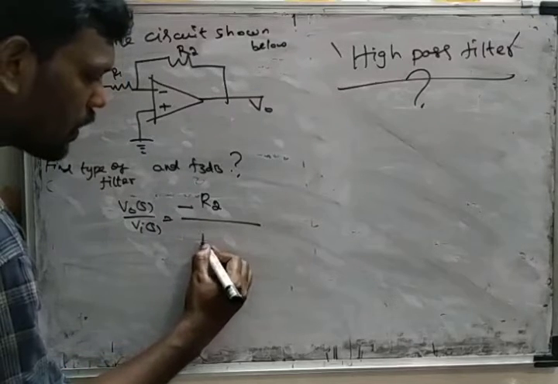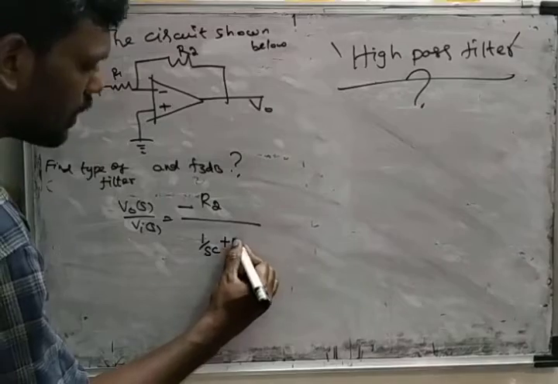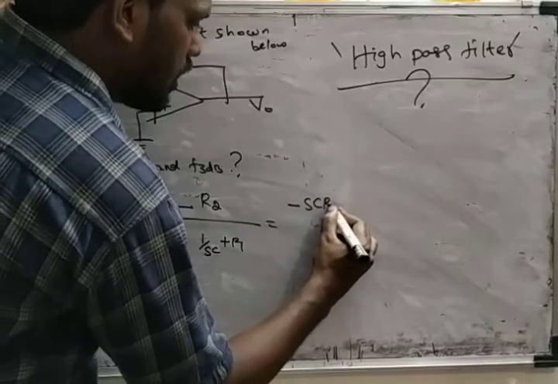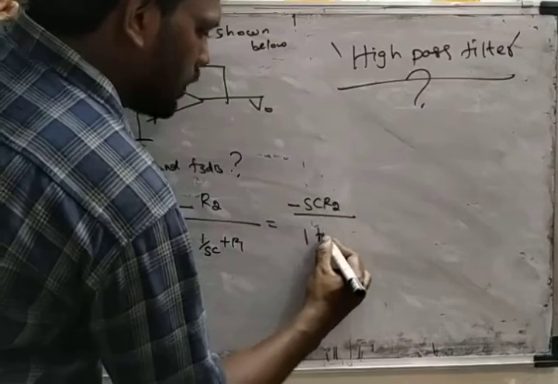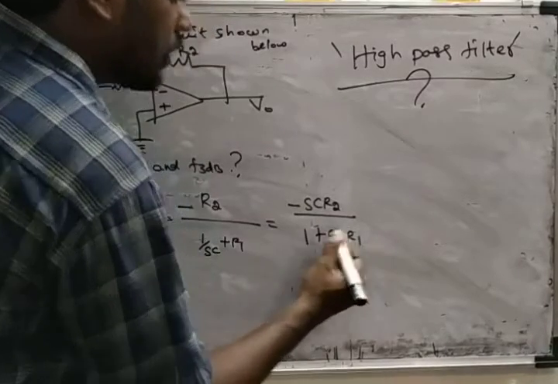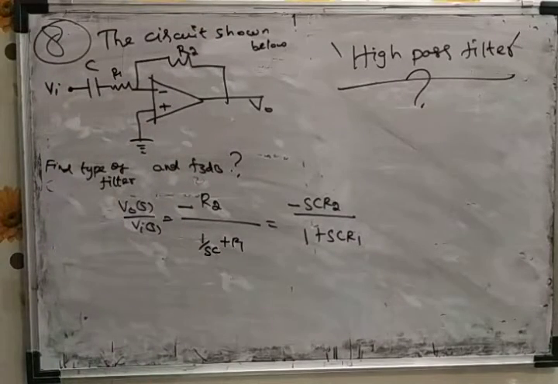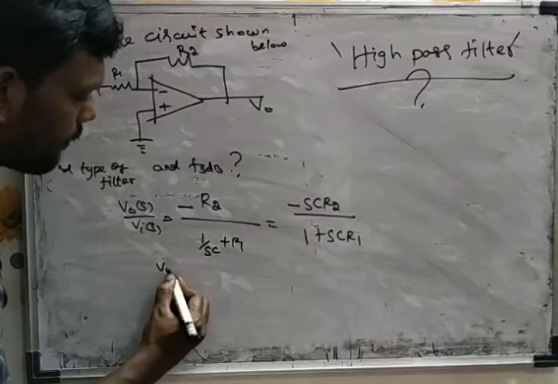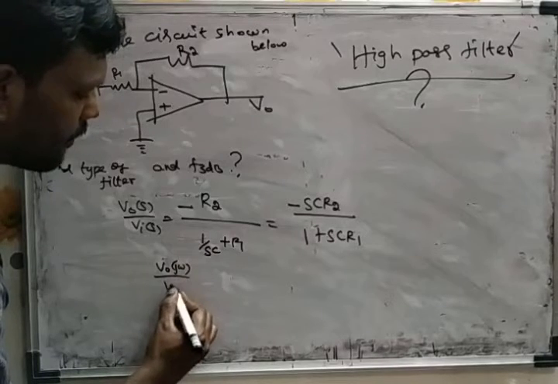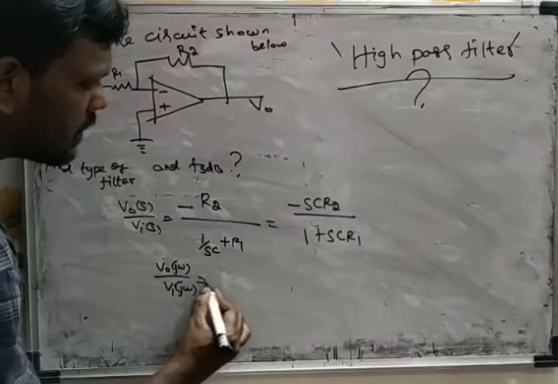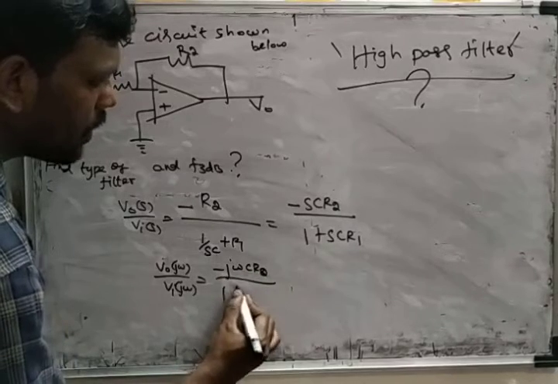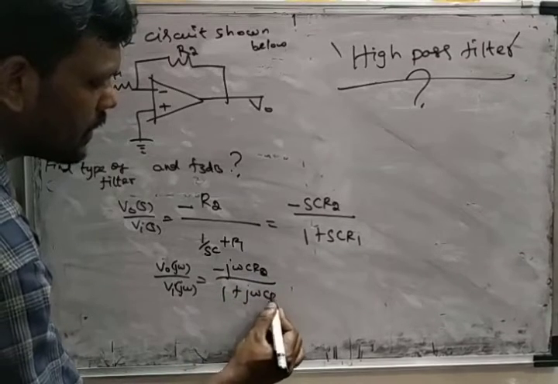If we simplify, minus SC R2 divided by 1 plus SC R1. Put S equal to j omega, and you will get V0 of j omega by Va of j omega equal to minus j omega C R2 divided by 1 plus j omega C R1.